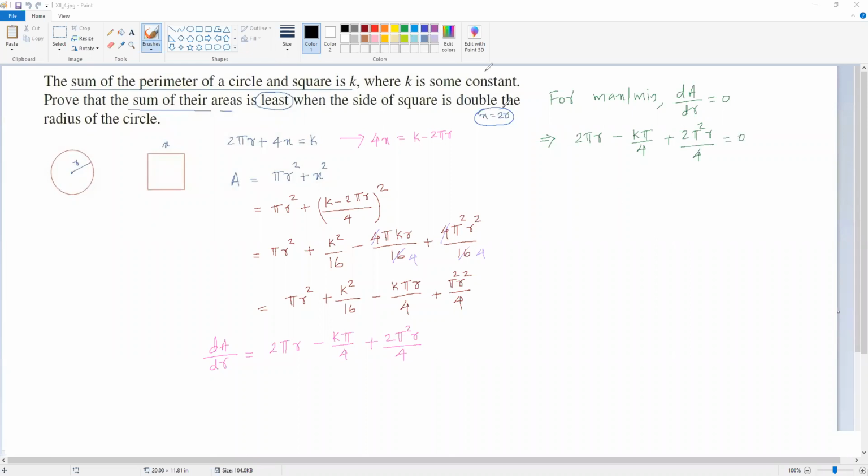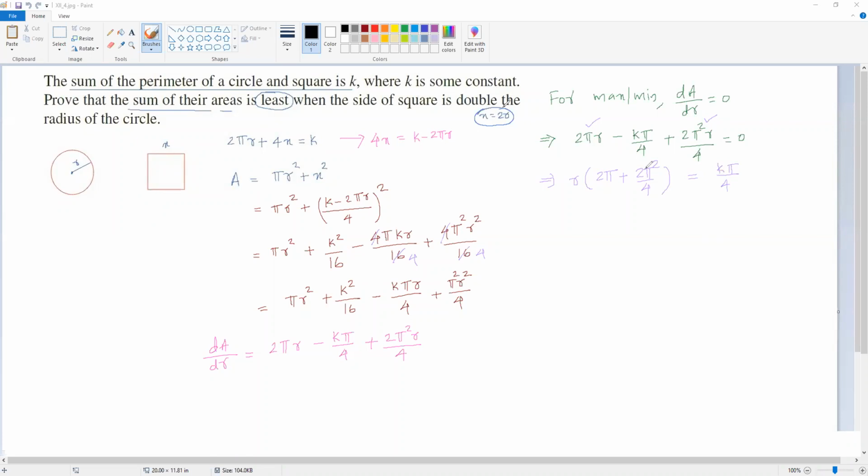So from these two terms, 2 pi r and pi square r by 4, we can take r common. So that implies r into, in bracket, 2 pi plus 2 pi square divided by 4, and k pi by 4 right side में जाएगा, it is equal to k pi by 4.